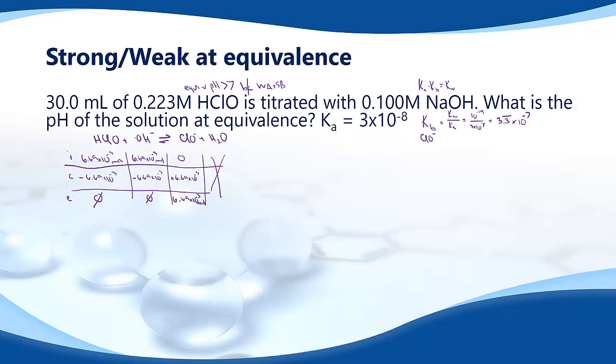So what we're going to do is we're actually going to do a Kb problem with this. For it to be a Kb problem, the first thing I have to do is reverse the direction. Same equation, I'm just reversing the direction. I'm going to have HClO plus OH minus.